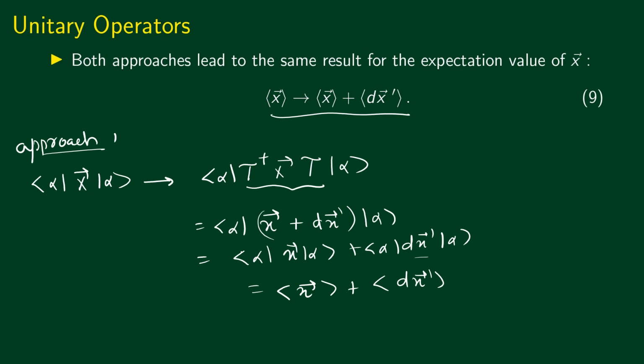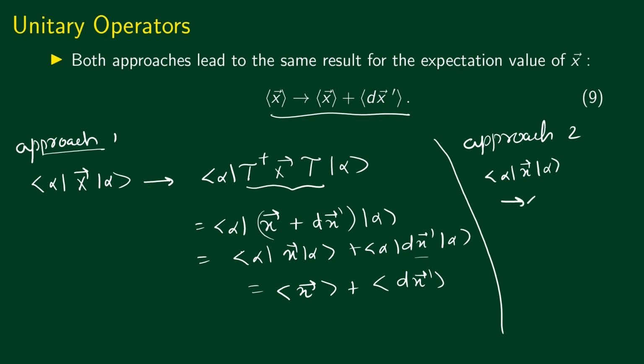Now, if you look at approach 2, you get exactly the same result. We start with bra alpha operator x ket alpha. We retain bra alpha and ket alpha like that, and instead of the x vector operator, we now write T dagger x vector operator T. You see that it's exactly the same thing.